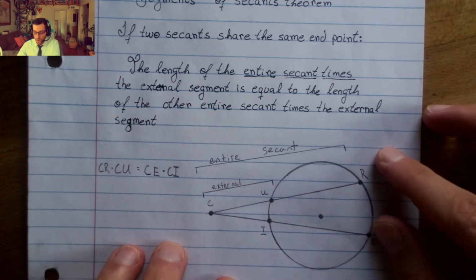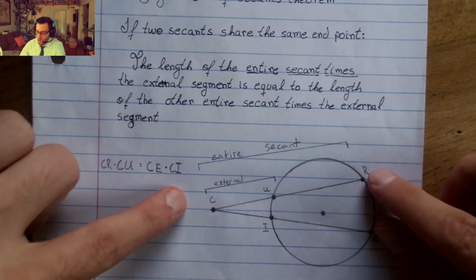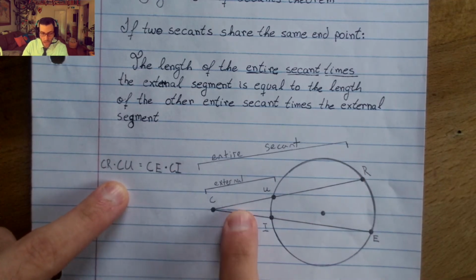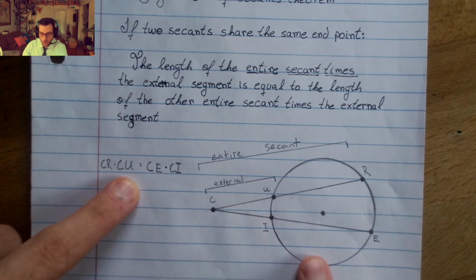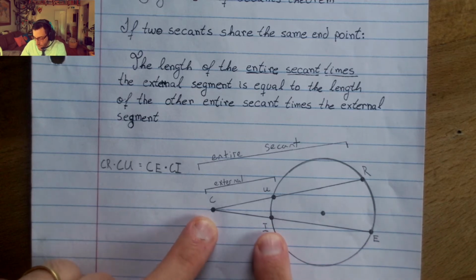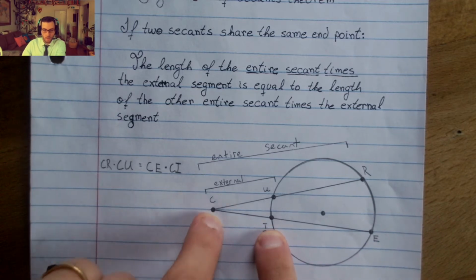So we'll have, for example, CR, the whole length or the entire secant, times the external segment, equal to CE, the entire secant, times just that external portion.